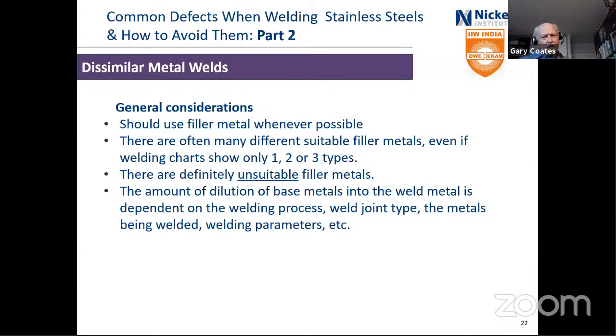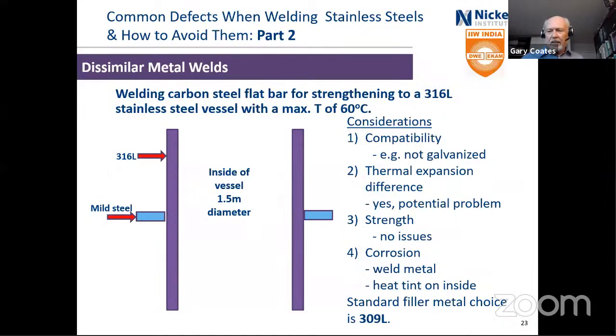And as I mentioned, the amount of dilution of base materials into the weld metal is dependent on the welding process, the weld joint type, metals being welded, whether you're doing a low heat input weld or a high heat input weld. So, okay, let's take an example here. We built a 316L vessel.